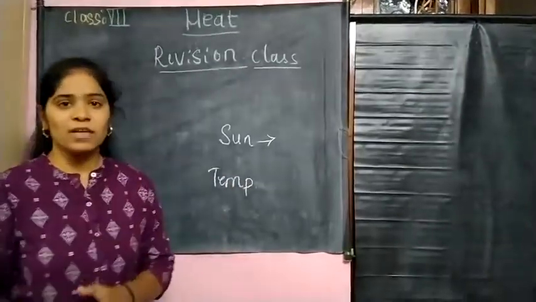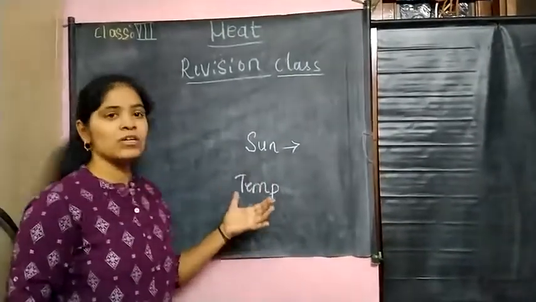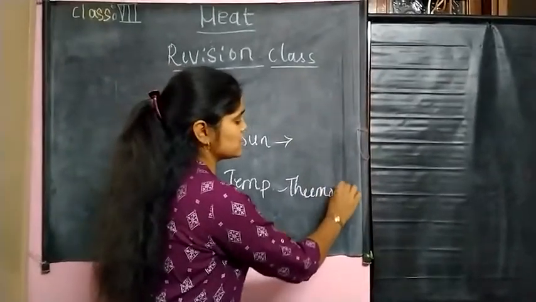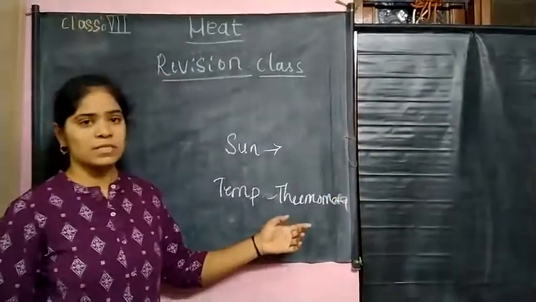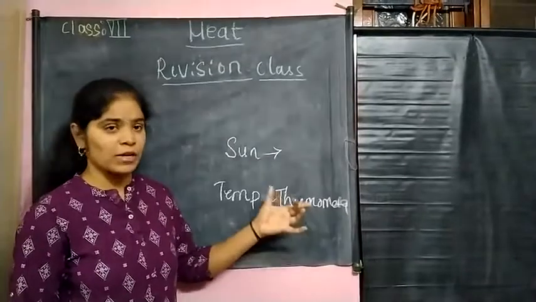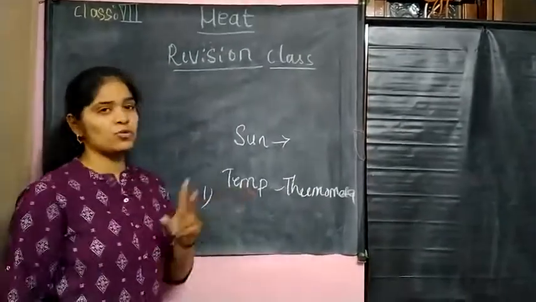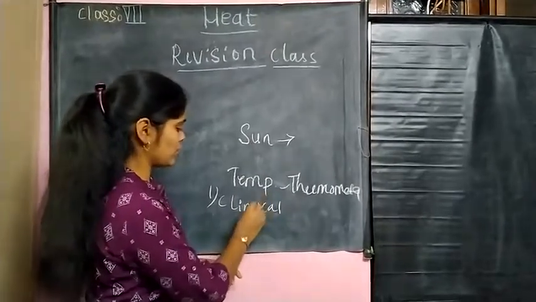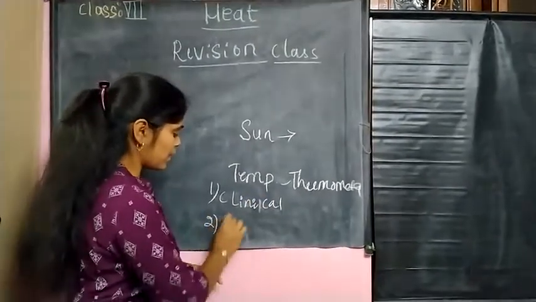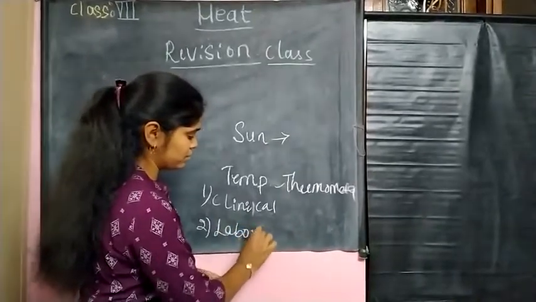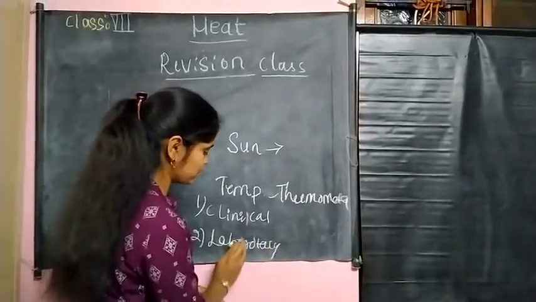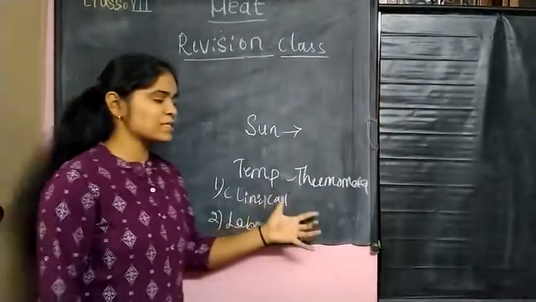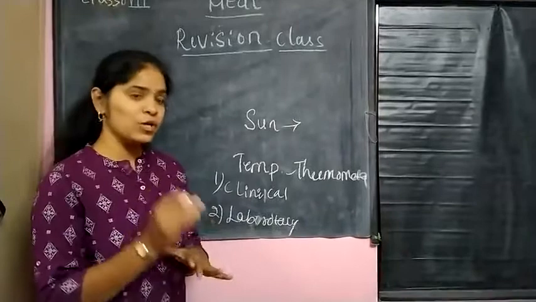The device which measures the temperature is called a thermometer. As I told, this is a device used to measure the temperature of a body. There are two types, as I previously told: the clinical thermometer and the laboratory thermometer. The clinical thermometer measures the temperature of the human body only.